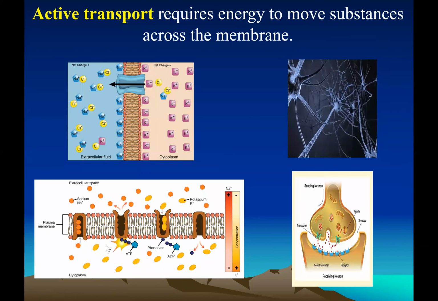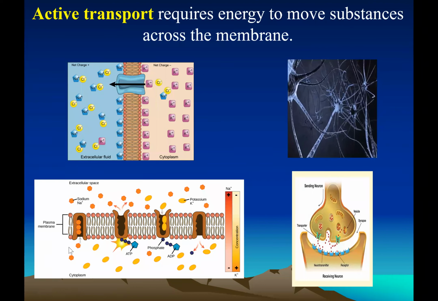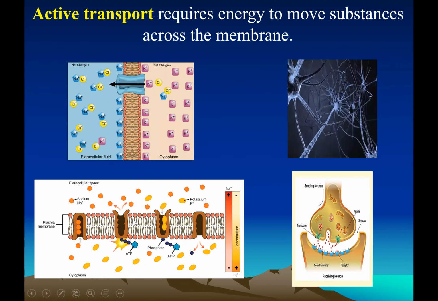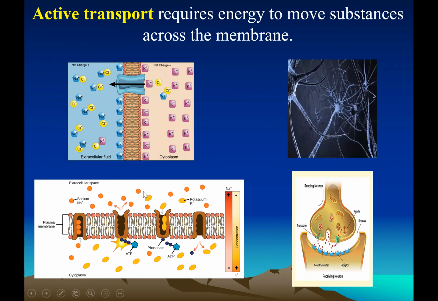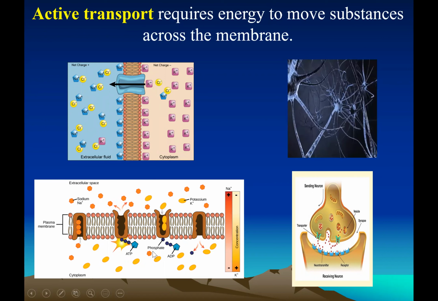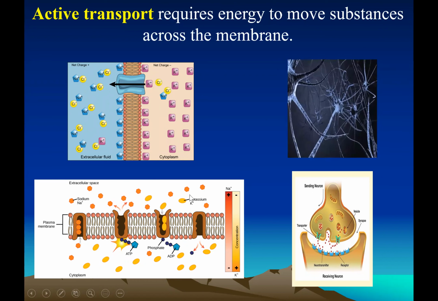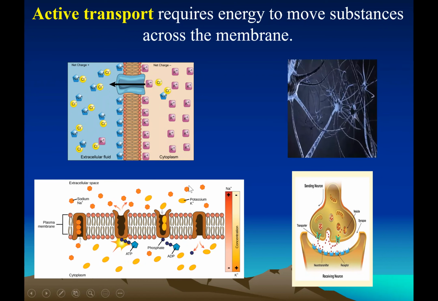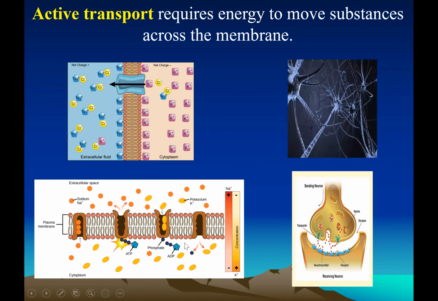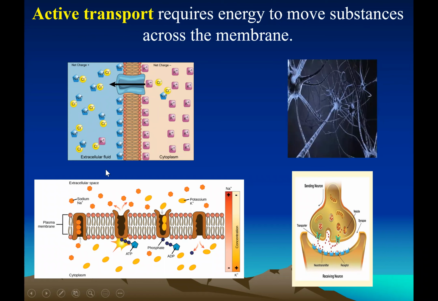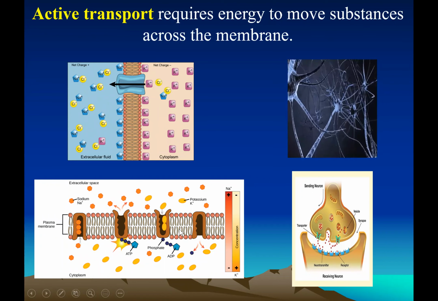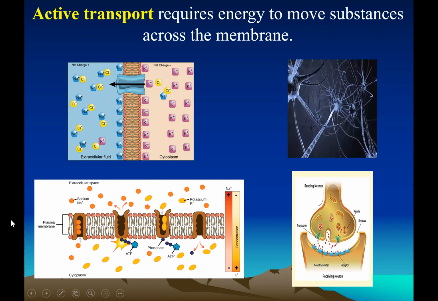In the picture in the bottom left, you can see ATP is used to pump 3 molecules of sodium outside, and it brings in 2 molecules of potassium on the inside. So it is maintaining the right gradient for homeostasis to happen. This is called the sodium potassium pump, and this is what a nerve impulse is.